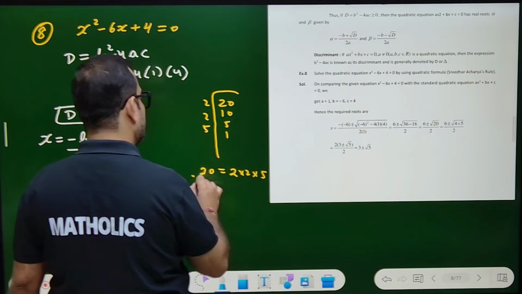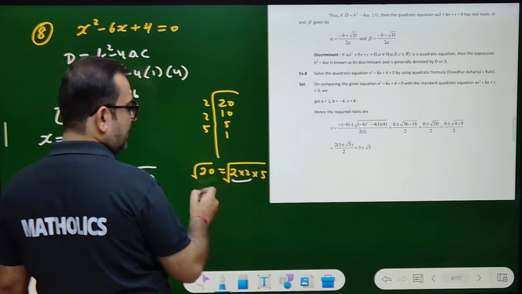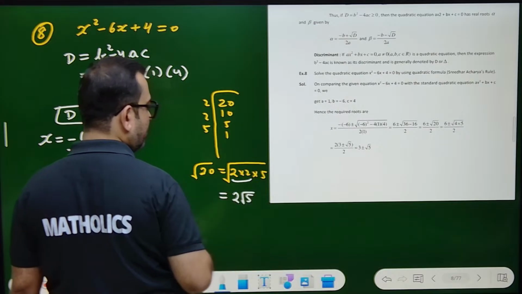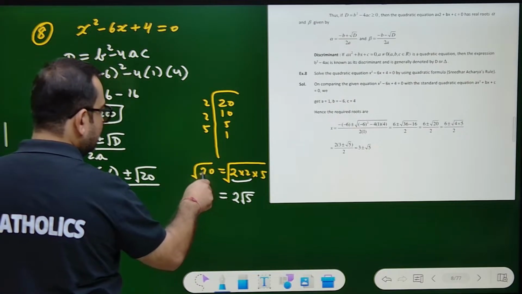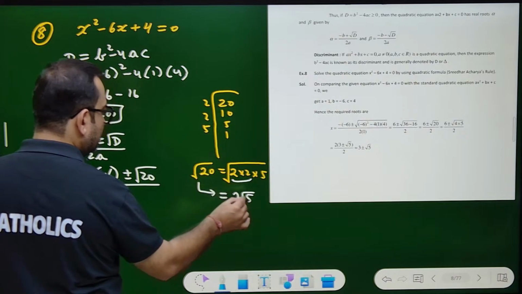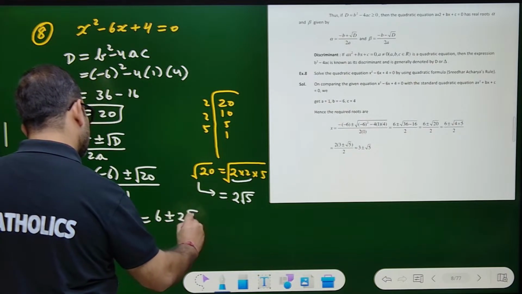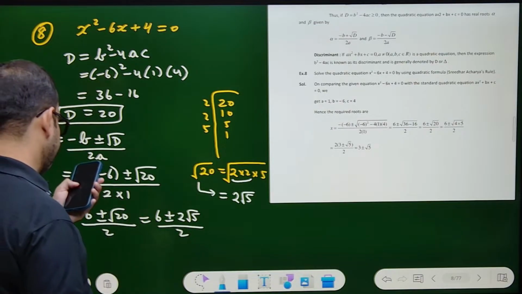So under root 20 will be under root of this. If you take out this pair, a single 2 will come out, 2 root 5. This you must be knowing easily. So we can write under root 20 as 2 root 5. So it is nothing but 6 plus minus 2 under root 5 whole by 2. Got my point?